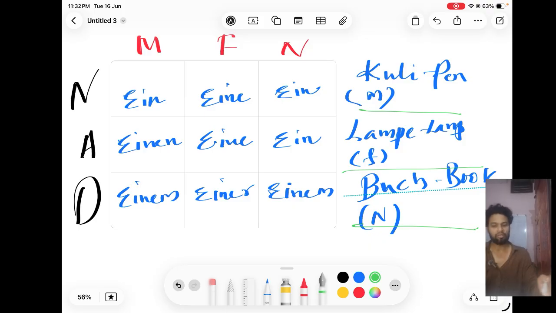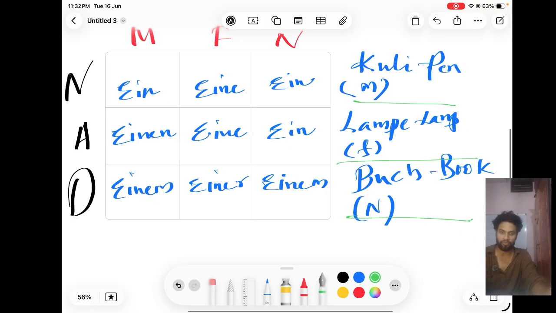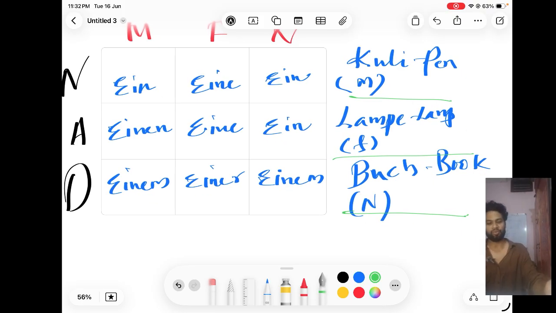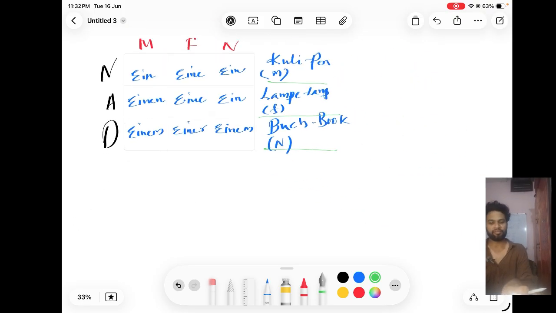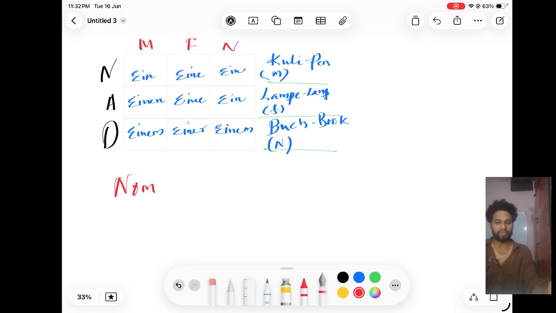So how to use these nouns in the nominative case, accusative case, and dative case. As we discussed in a previous class, what is nominative? Nominative is nothing but a subject.